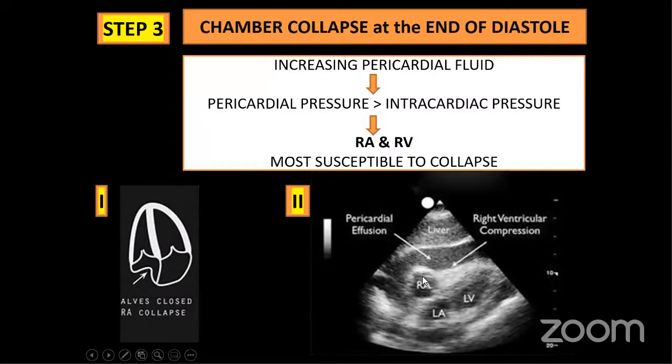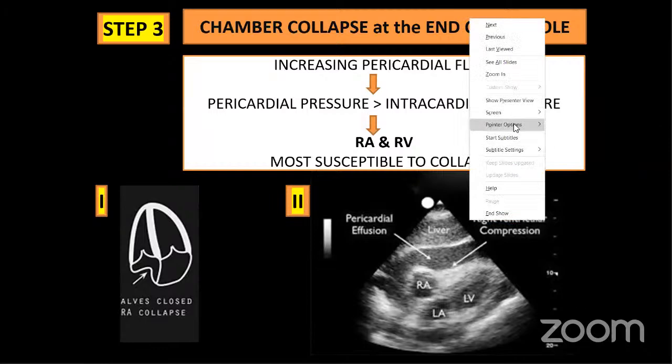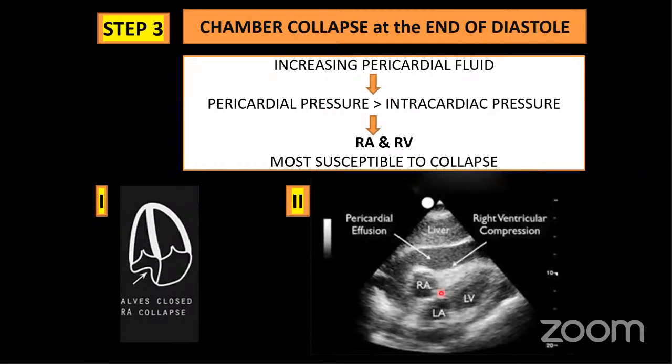You see the RV, you see the RA, and you see the RV. You see this collapse like this, right? Something has gone inside. If you see this collapse at the end of diastole, that means your patient is having tamponade by echo. So you have to look for right ventricular end diastolic collapse.